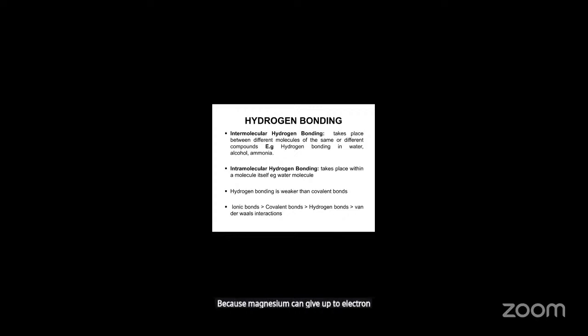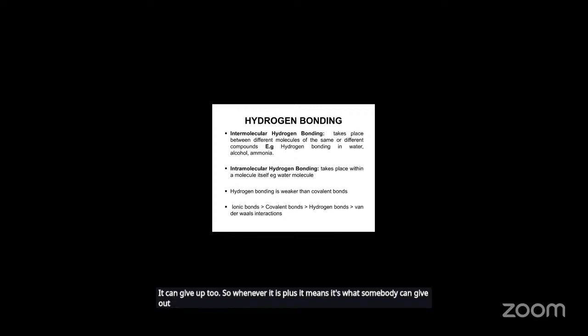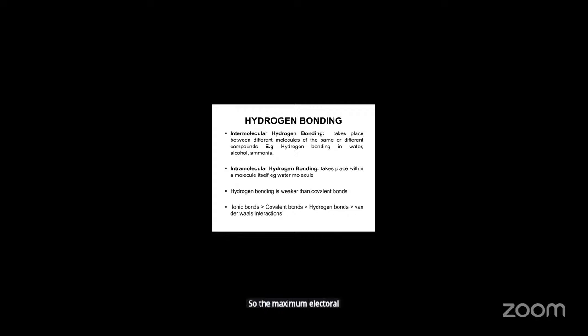So whenever it is plus, it means it's what it can give out. When it is minus, it's what it can borrow to complete its octet structure. Octet means 8. So the maximum electrons apart from the first energy level is 8. So when it cannot complete its octet, it can either borrow, or it can give out when it has excess.